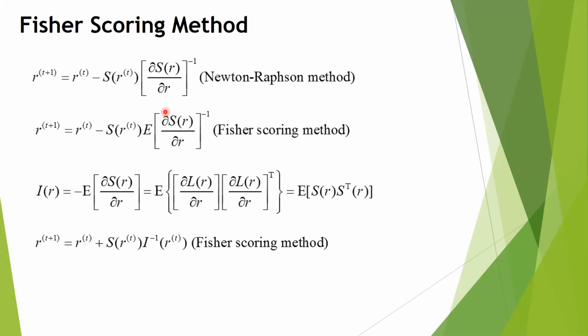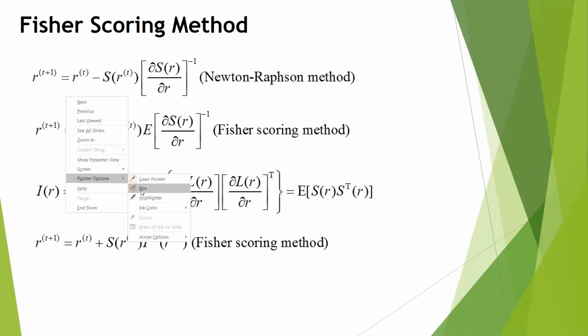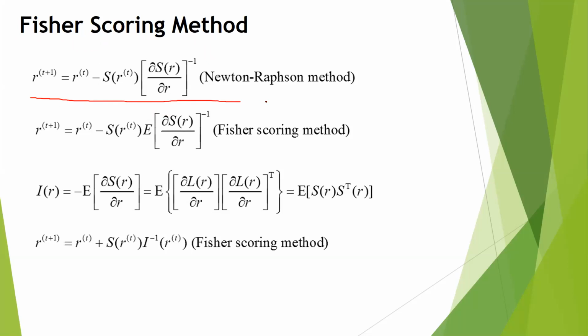To improve this, Fisher developed another better algorithm called the Fisher scoring method. This is the Newton-Raphson, and this is the Fisher scoring method. The only difference is here: Fisher uses the expectation of this term.